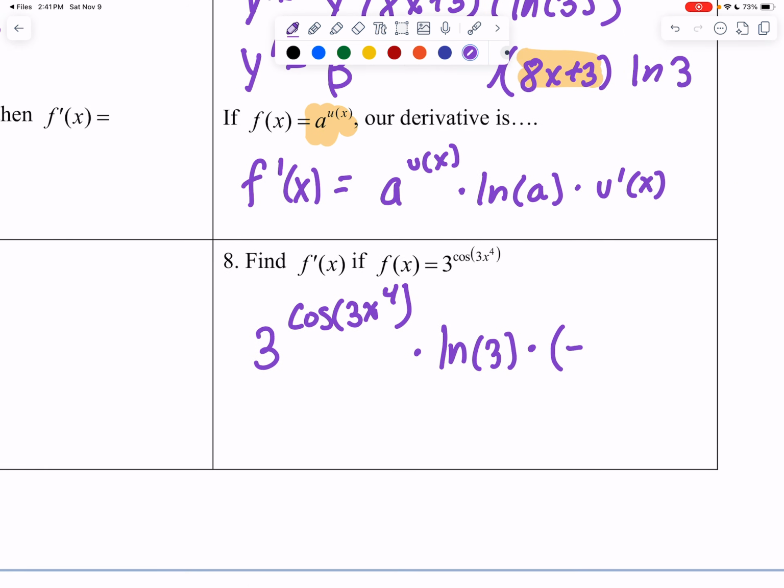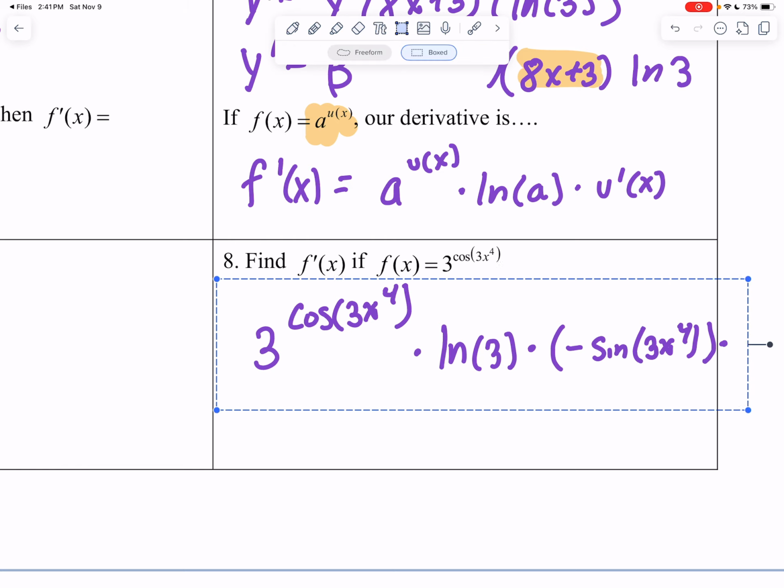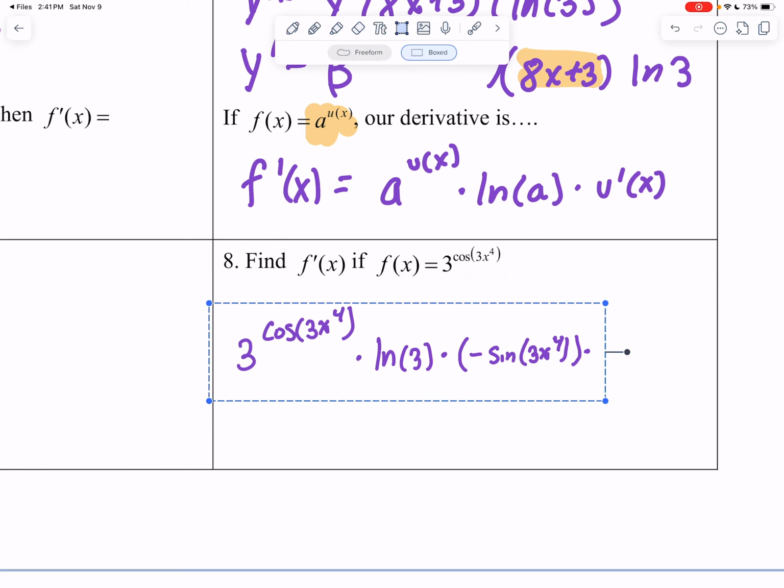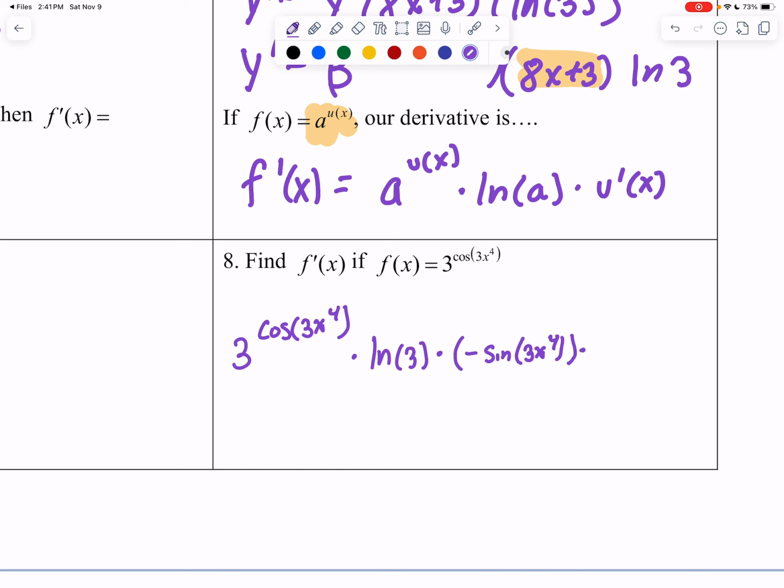So that's going to be negative sine 3x to the 4th. And then I'm going to have to chain that, which is going to be 12x to the 3rd power. So this right here is this lovely thing right here. Lots of fun.